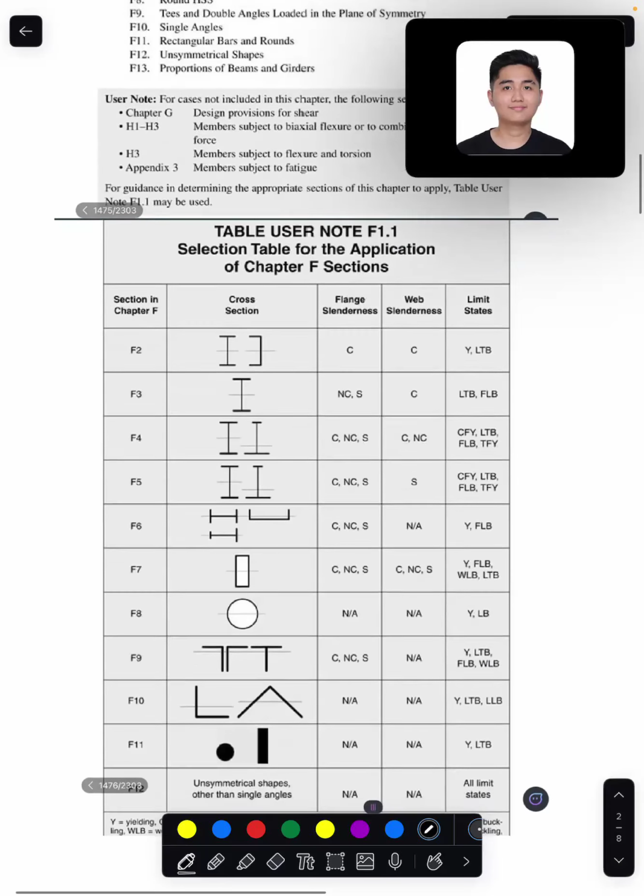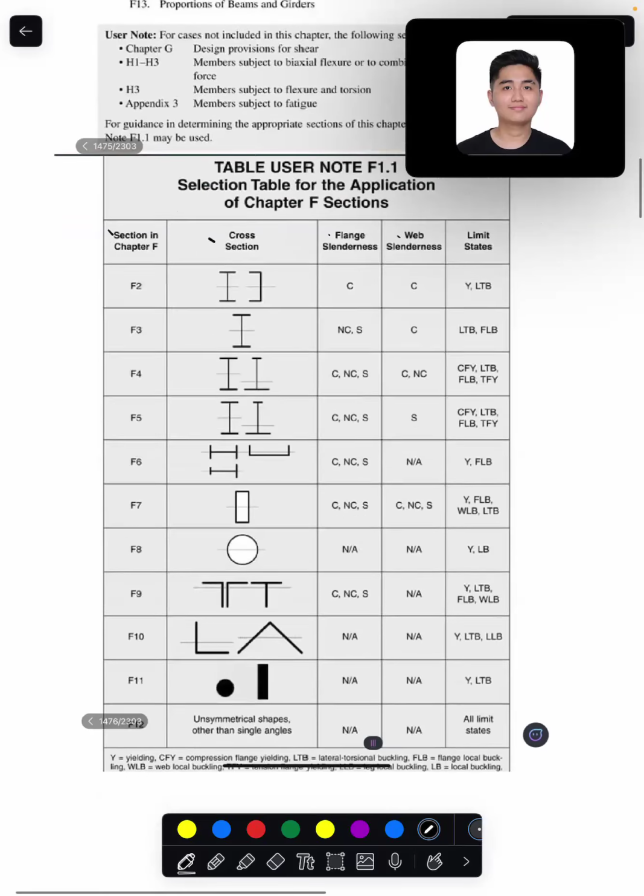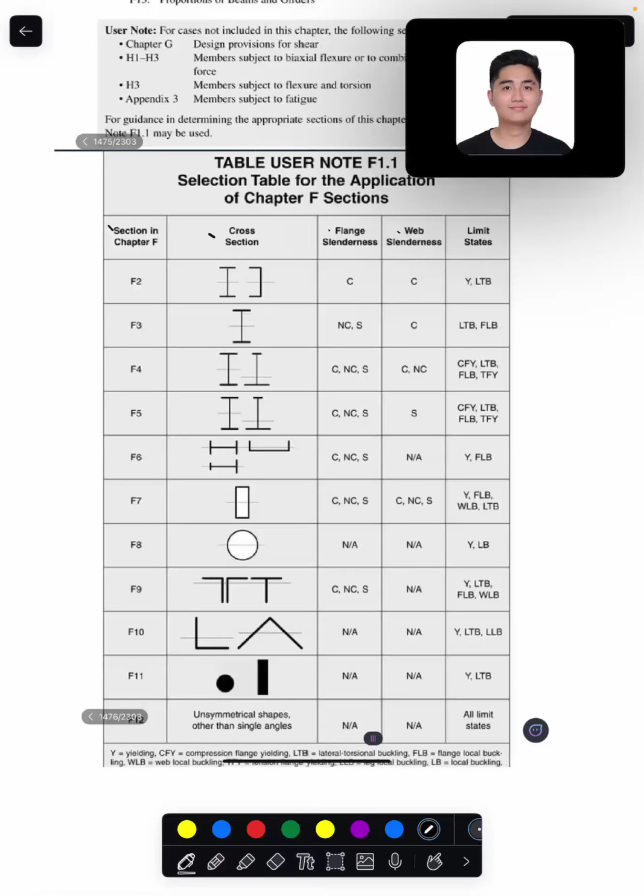So you're always asking about your cross-section whether the flange is slender or whether the web is slender. Then it also says where to find it in Chapter F. There are subsections up to F12. These are the conditions, the limit states that we need to look out for.